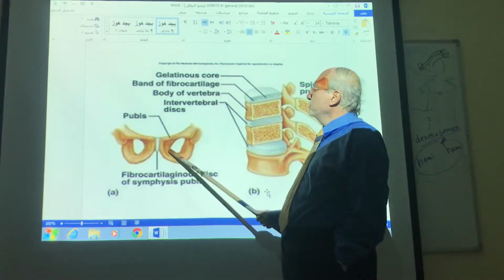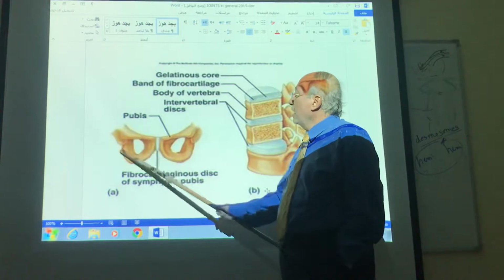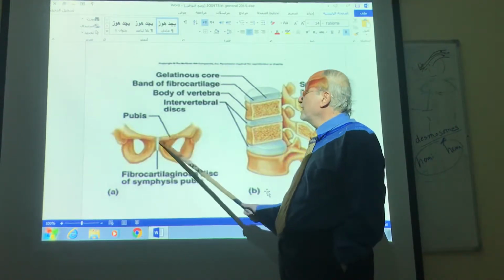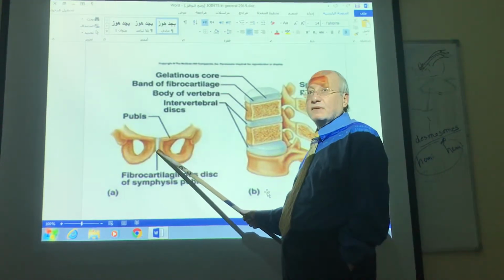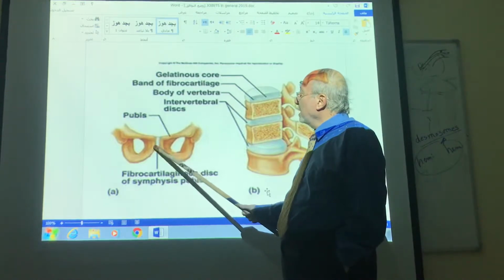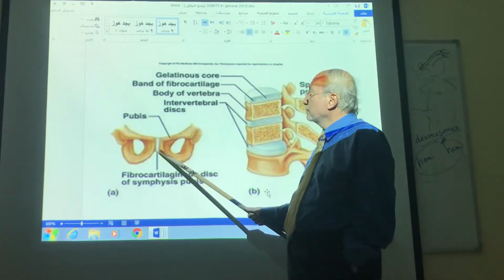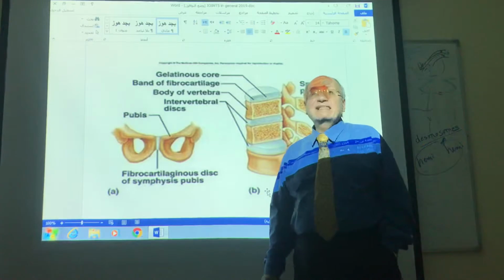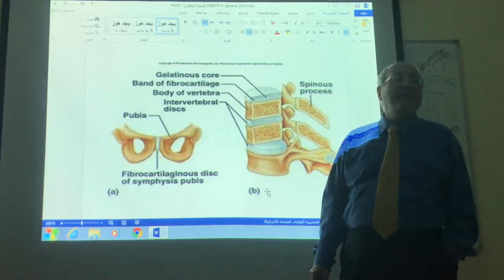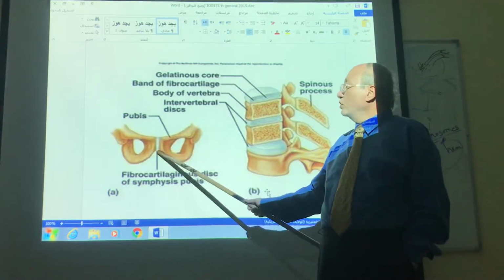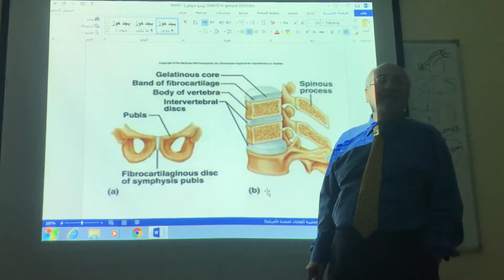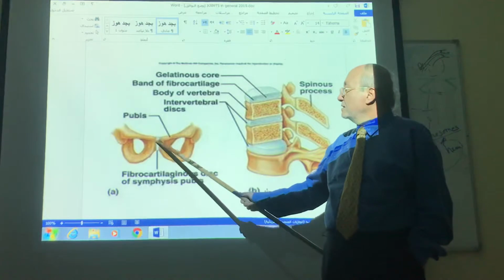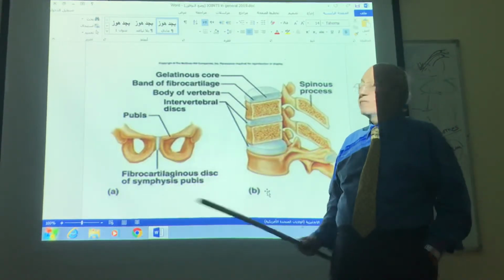The left hip bone comes in contact with the right hip bone in the middle line and they are connected together by this cartilage, which is a secondary cartilaginous joint. And this joint is called symphysis pubis.